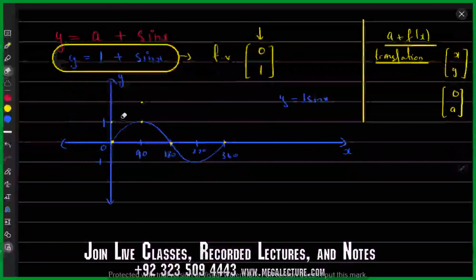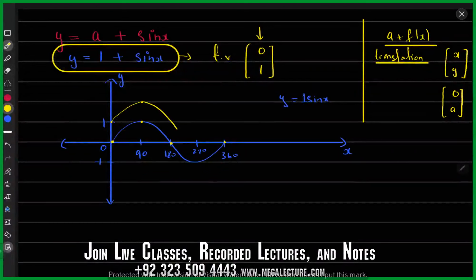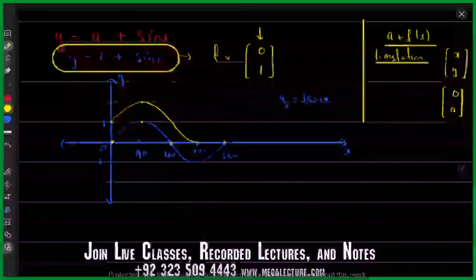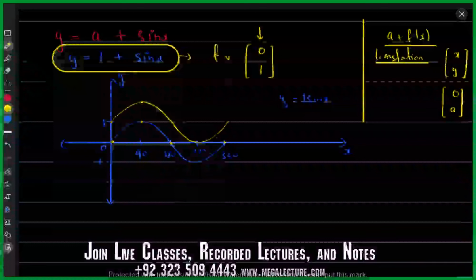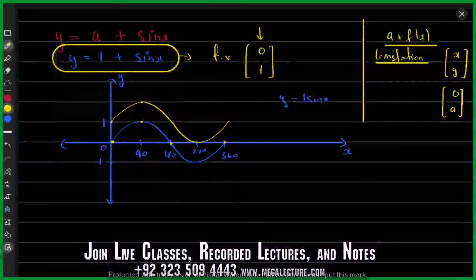All right. So when I move this graph 1 unit above, it is going to be something of this type, okay? Again, nothing has happened to the x coordinates. Everything is same. But just imagine that you have picked the blue graph in your hands and moved it 1 unit above.